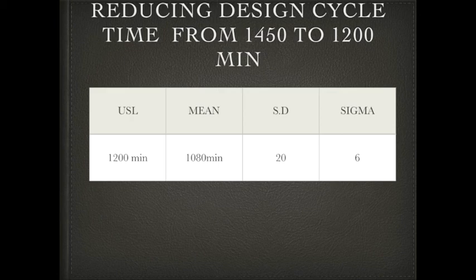In 120 minutes, how many standard deviations can be accommodated? The standard deviation value is 20, so the number of standard deviations that can be accommodated is 6. That's the reason it is a 6 sigma process. As we already saw, a 6 sigma process is a process which has 6 standard deviations between mean and target.